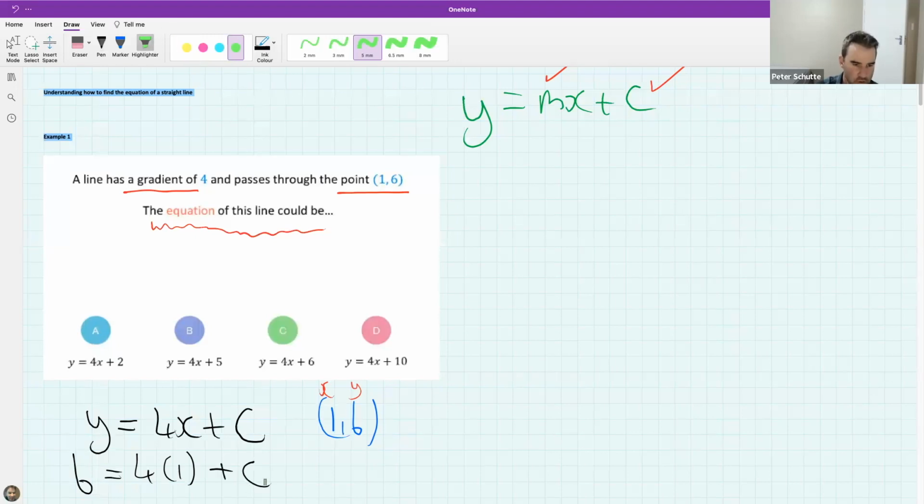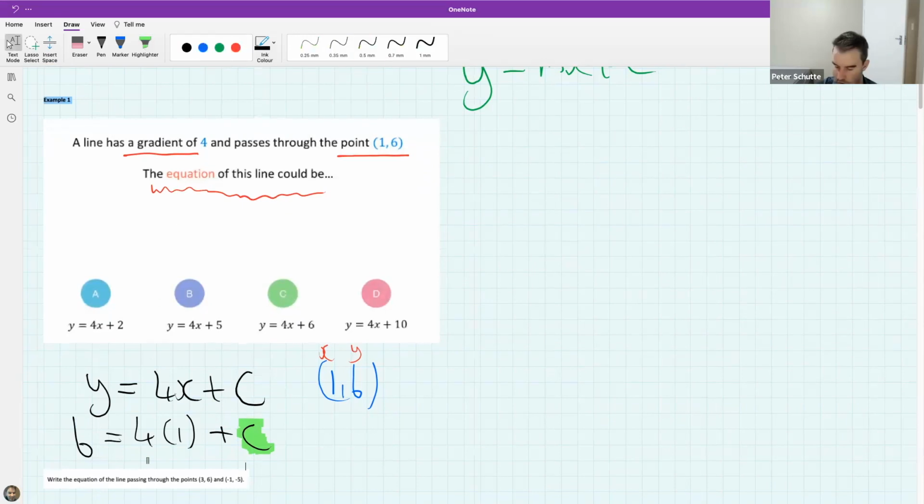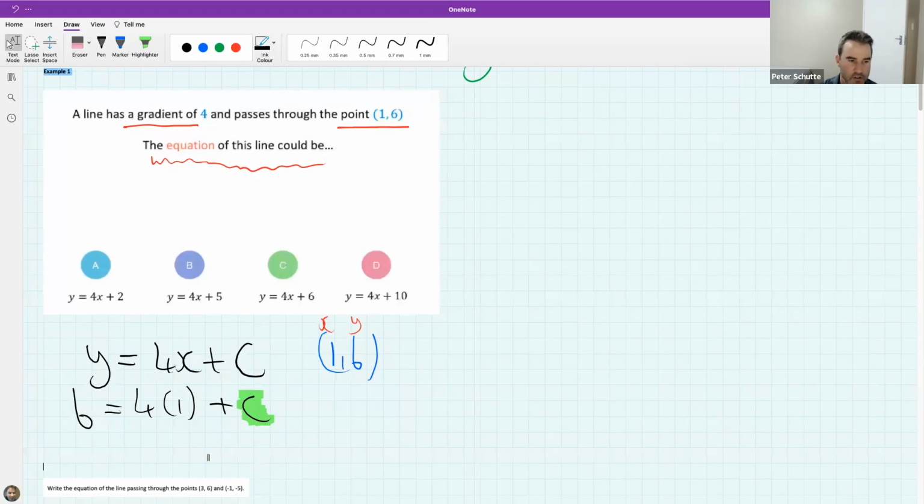And then what we need to do is find what that c value is. And because we've got plus 4 on the one side, all we need to do is subtract 4 from both sides. So if I do that, I get 6 minus 4 is c.